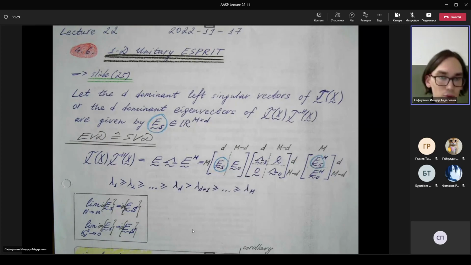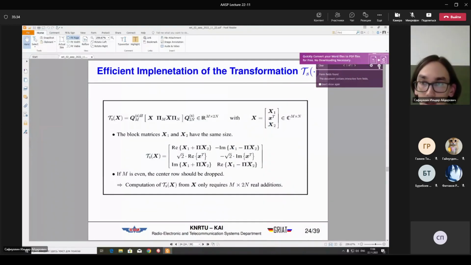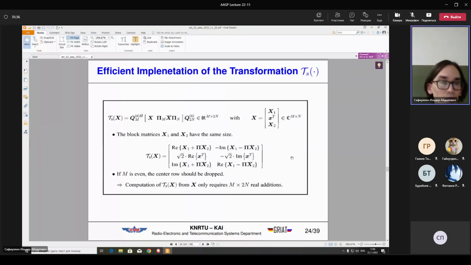So first, let me show you one more time what we have for this transformation scheme. You can see we have the original X. If the number of rows is even, we'll have only X1 and X2. If the number of rows is odd, we'll have this X1. Then between X1 and X2, we need to divide these two things with one row of X transposed.